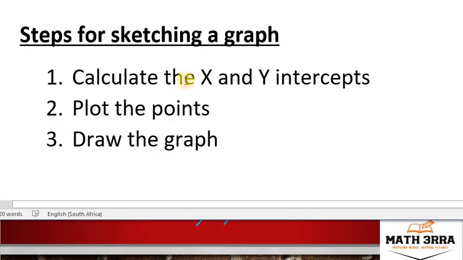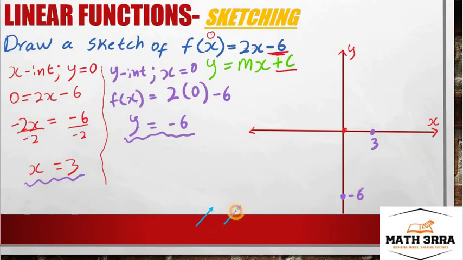The next step in sketching a straight line graph is what? Draw the graph. When we draw the graph, we are doing nothing complicated, to be honest. We are just going with the flow.